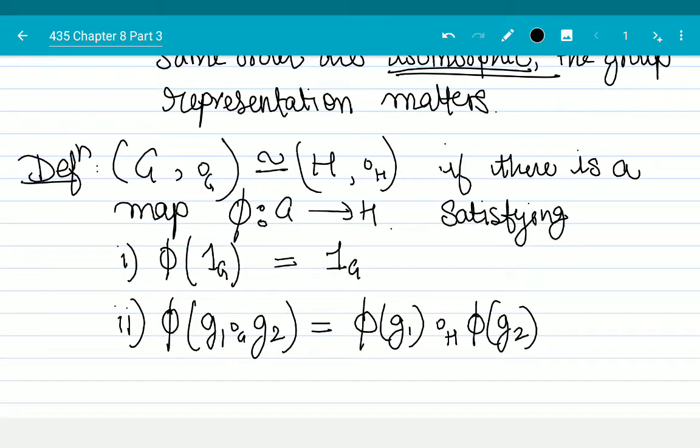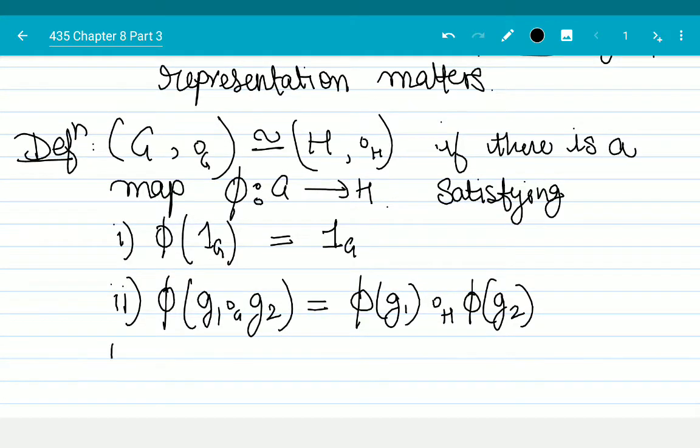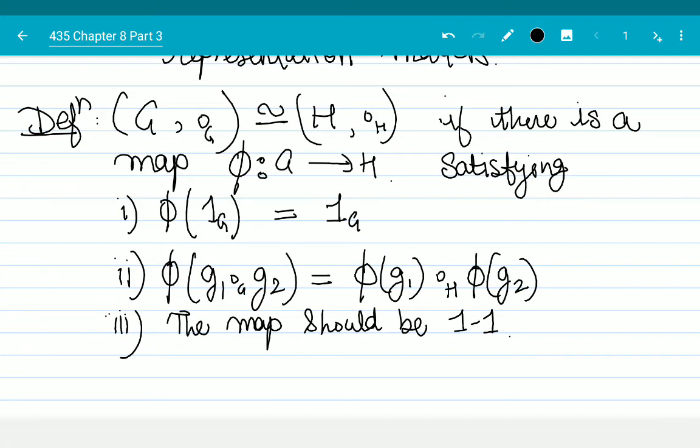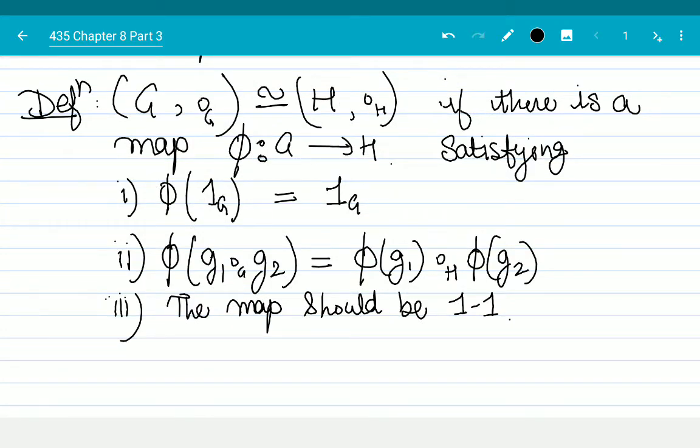The operation in one should be the same as the operation in the other. And three, the map should be one to one. Now, it follows from properties 1 and 2 that phi of g inverse is phi of g inverse.